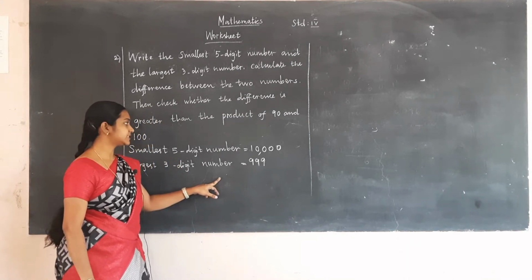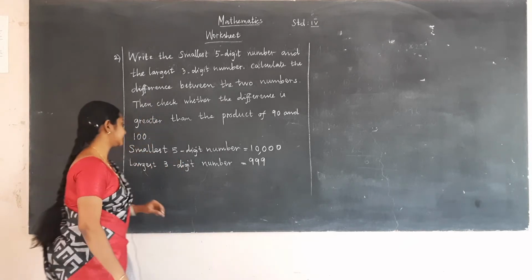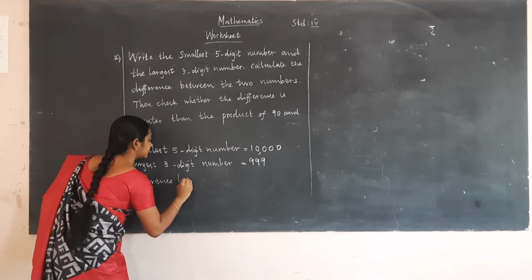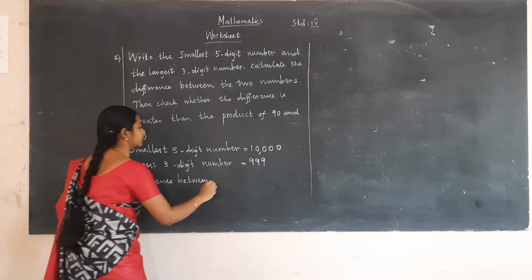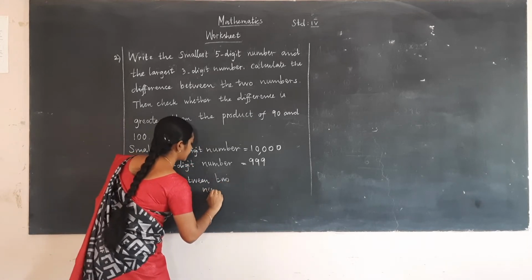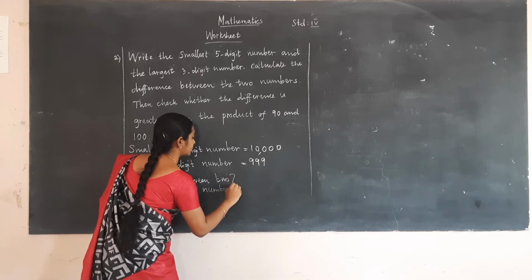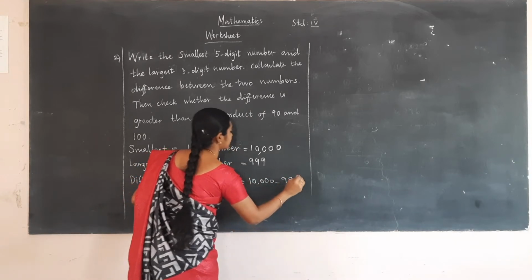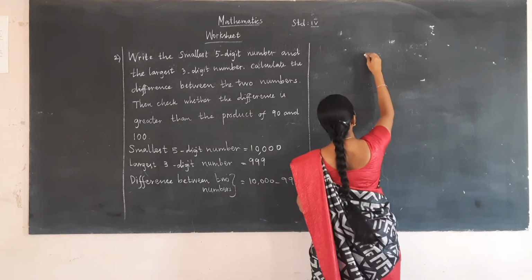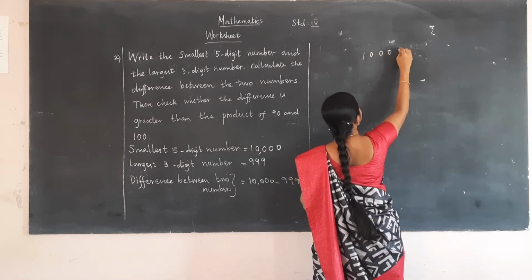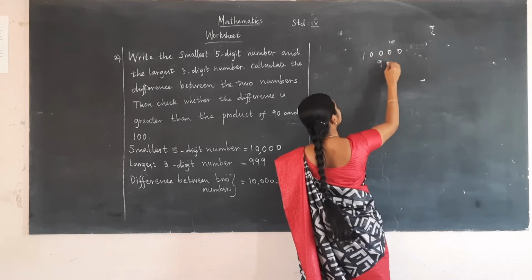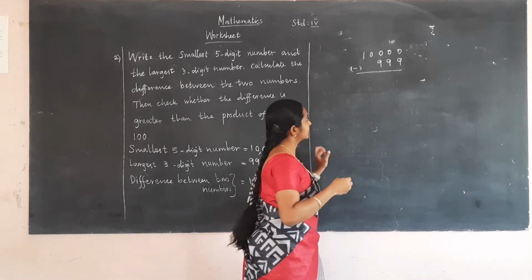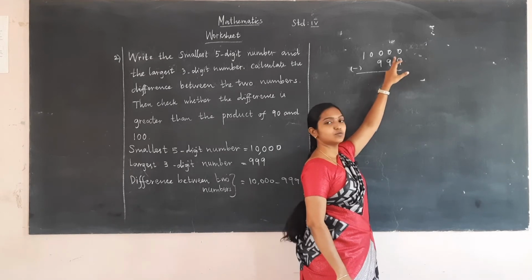Now we are going to find the difference between 10,000 and 999. Nine is greater than 0, so we cannot subtract.